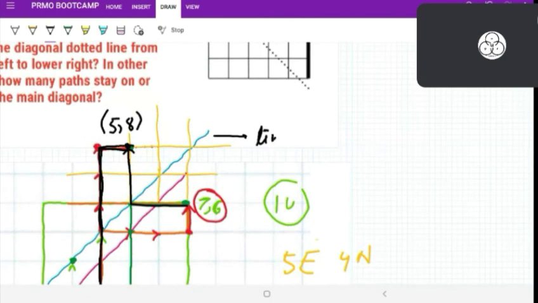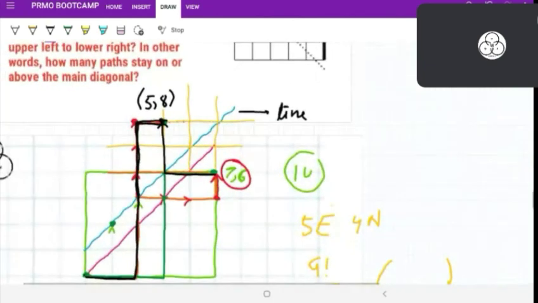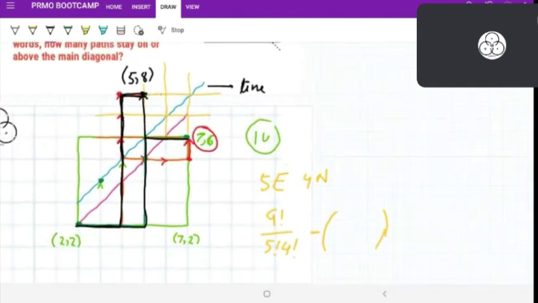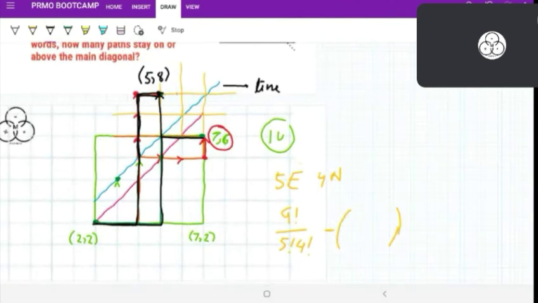Because see, this black path is also going to 5, 8. So the number of paths which cross the red line are simply the number of paths from 2, 2 to 5, 8.